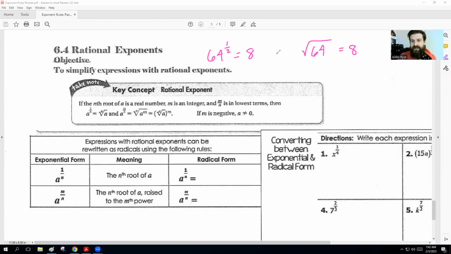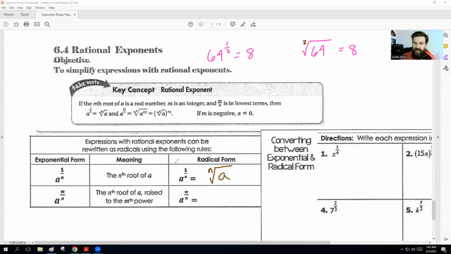And a square root technically has an index of 2, right? We were looking for pairs. So any fractional exponent, we can say any base to a 1 over n power is really just the nth root of that base.